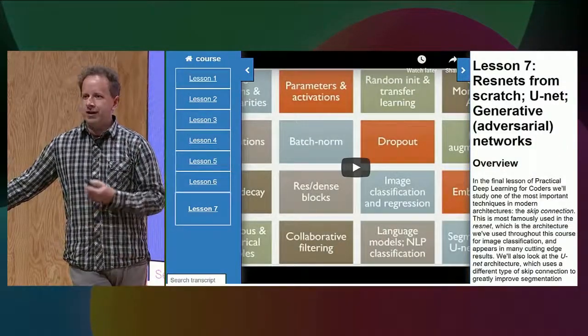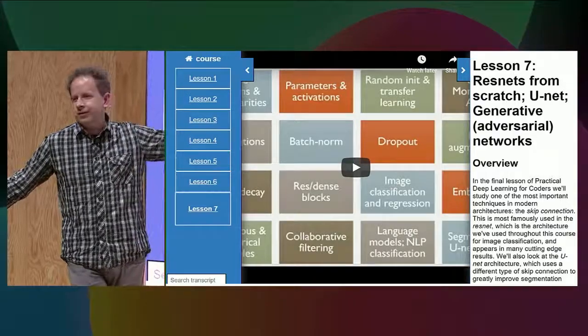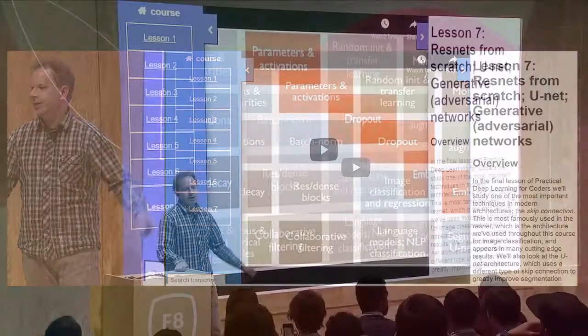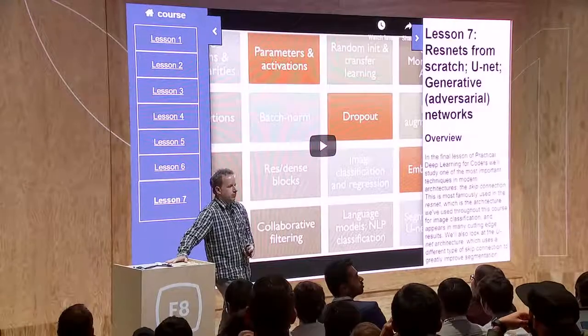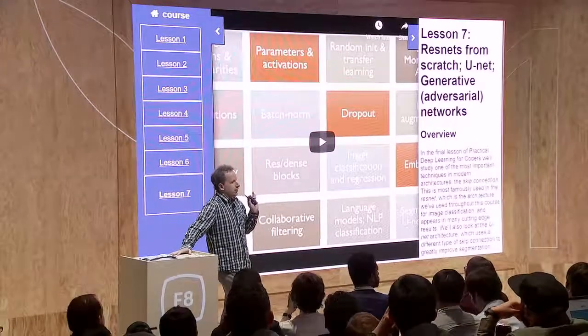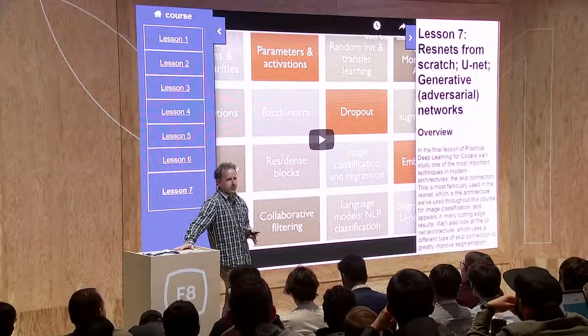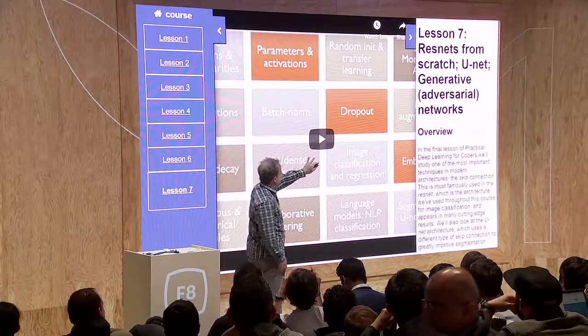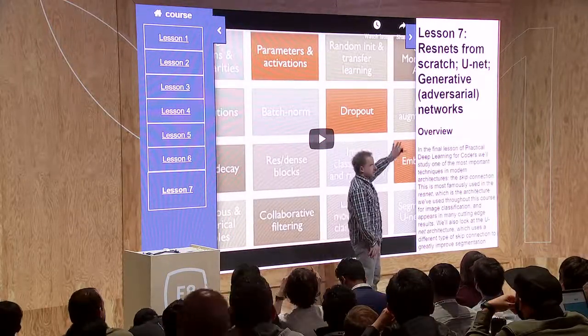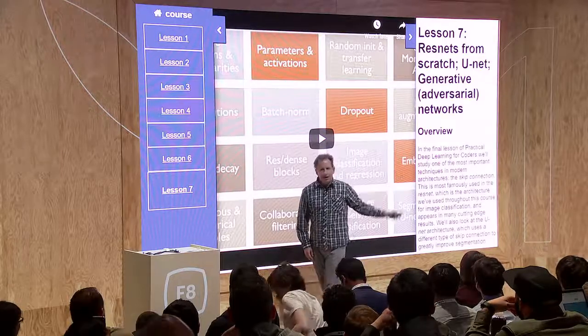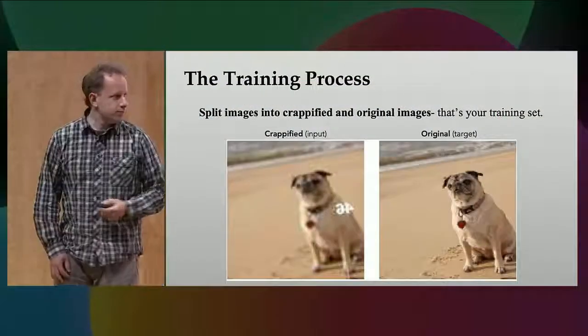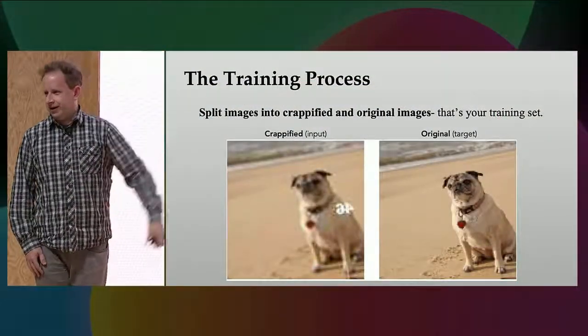Our course covers many topics. Each one, there's a video, there's lesson notes, there's a community of tens of thousands of people learning together. And one of the really interesting parts of the last course was lesson 7, which, amongst other things, covered generative networks. And in this lesson, we showed this particular technique.